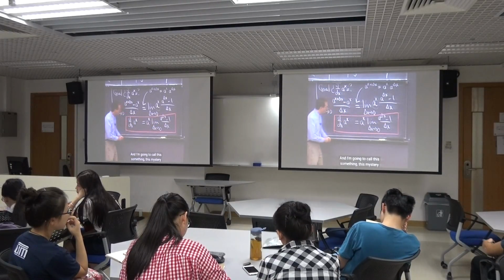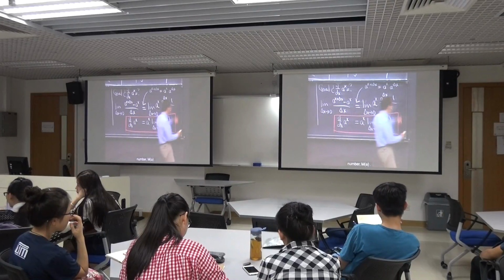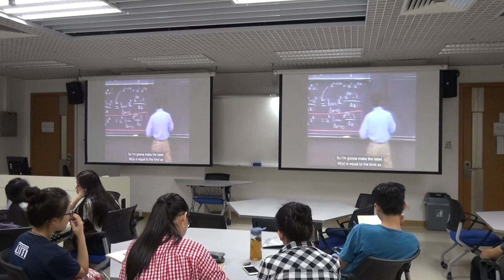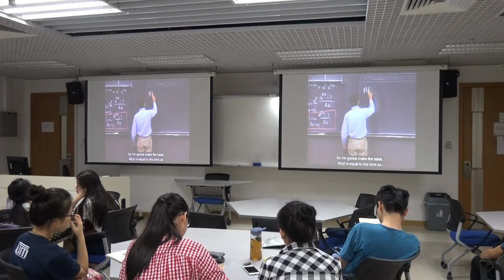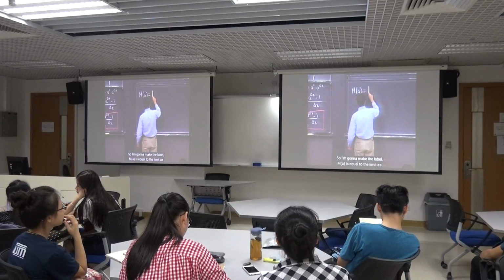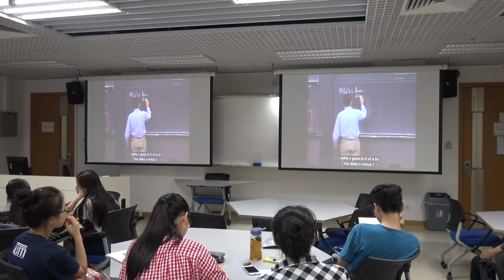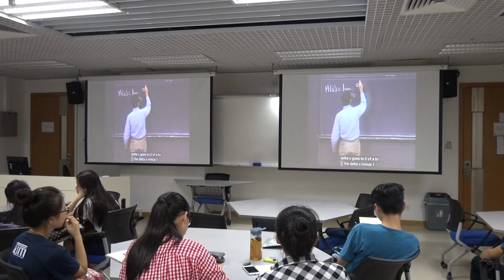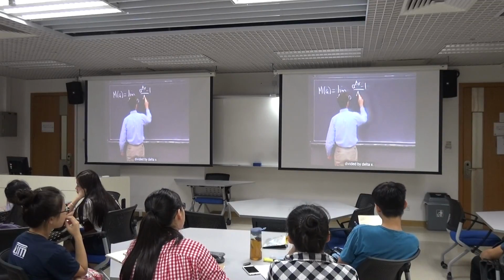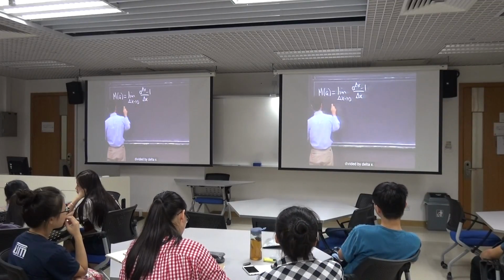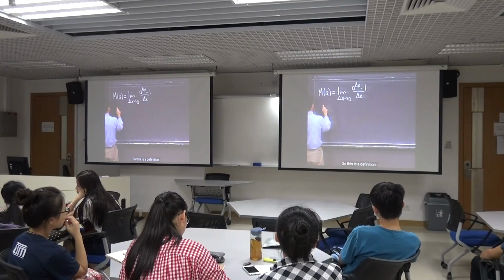And I'm going to call this something, this mystery number, m of a. So I'm going to make the label m of a equal to the limit as delta x goes to 0 of a to the delta x minus 1 divided by delta x. All right, so this is a definition.